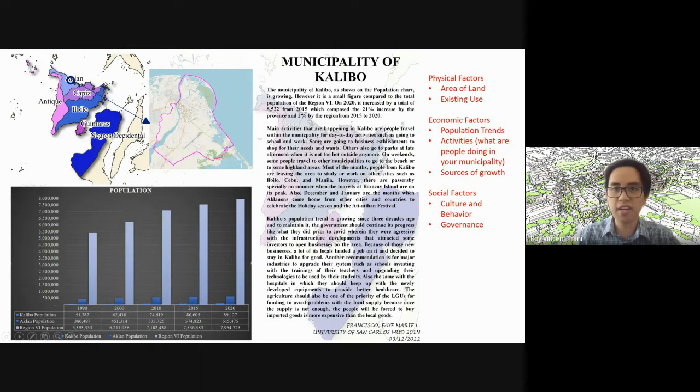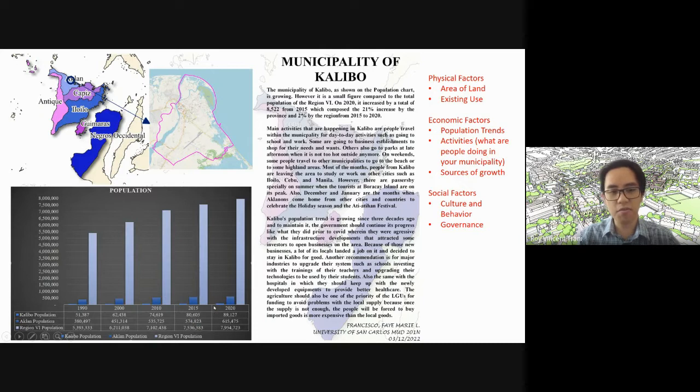In 1990, Kalibo had a population of 51,000 people. It increased by another 10,000 or so by 2000, and then another 10,000 to 74,000, and another 6,000 this time in 2015, and then 9,000 in 2020.